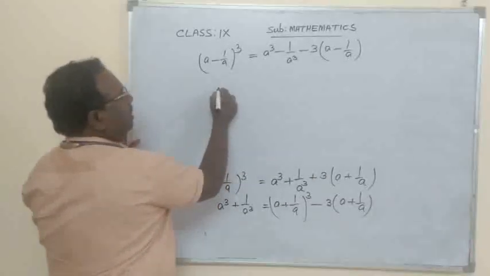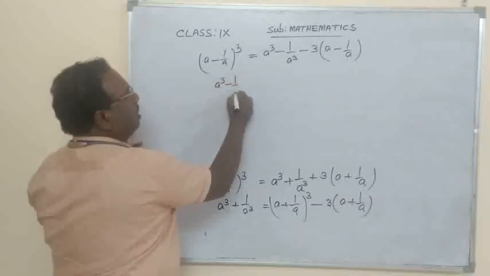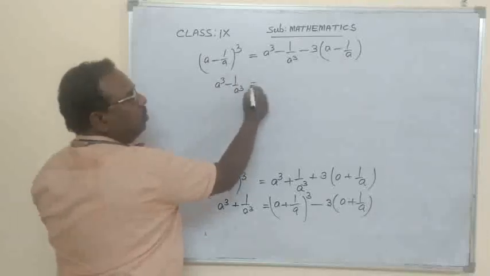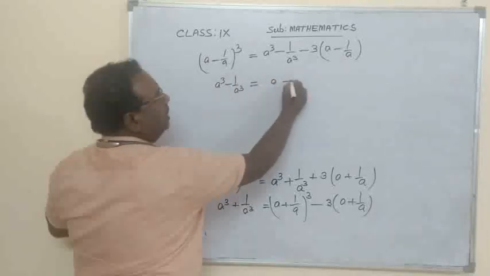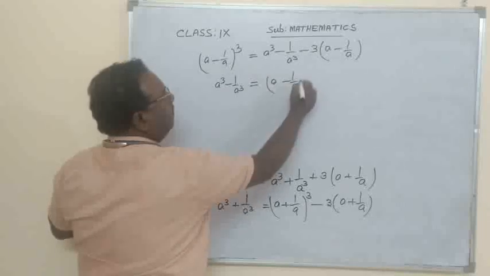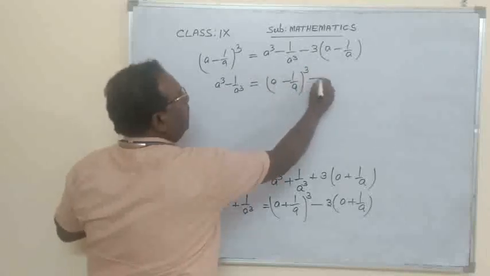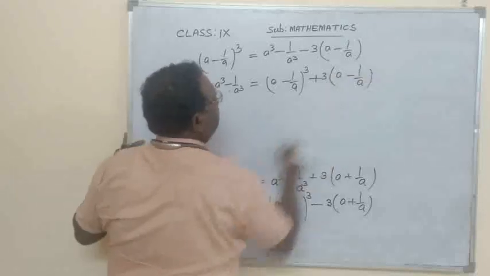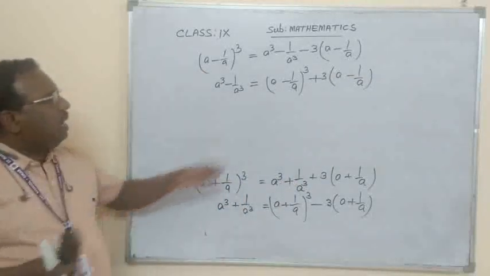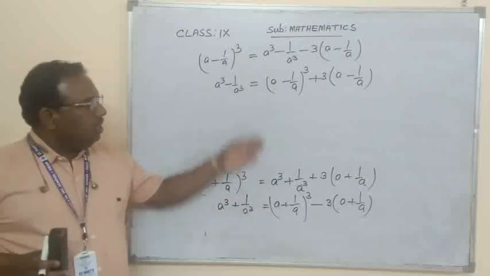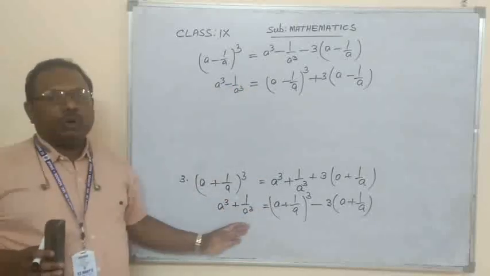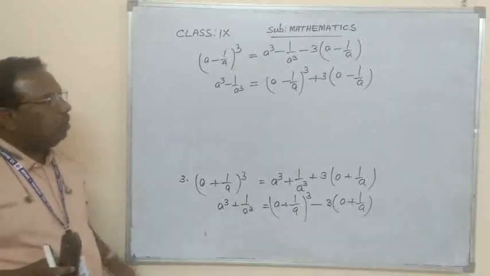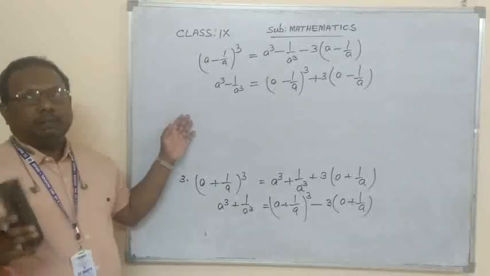Now let us write what is a cube minus 1 by a cube. a cube minus 1 by a cube is equal to (a minus 1 by a) whole cube plus 3 into (a minus 1 by a). These are the identities which we have to use to solve questions from exercise 4B. Now let us begin exercise 4B.